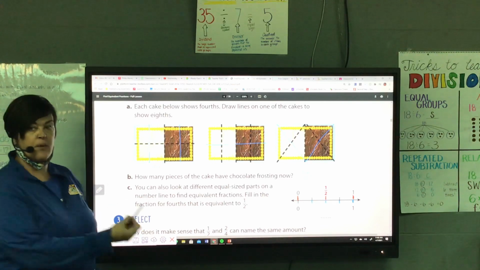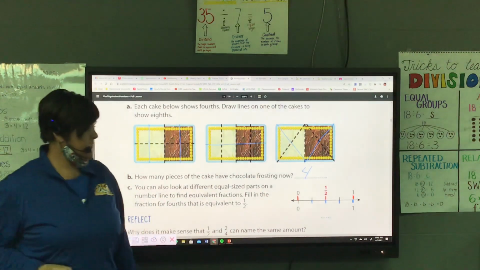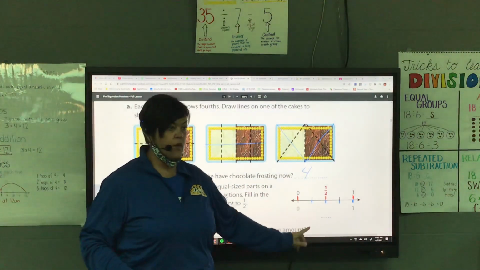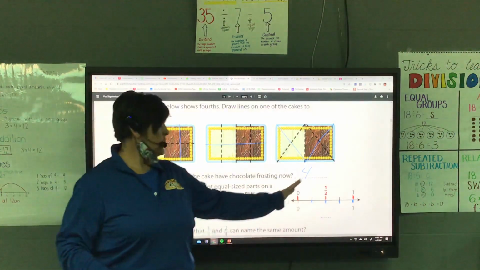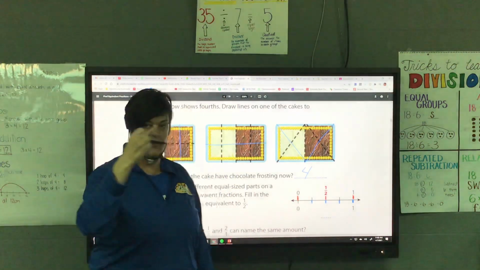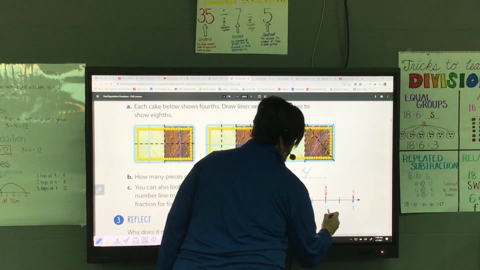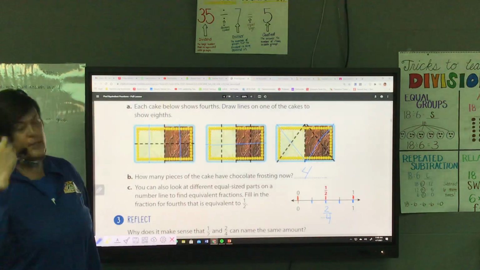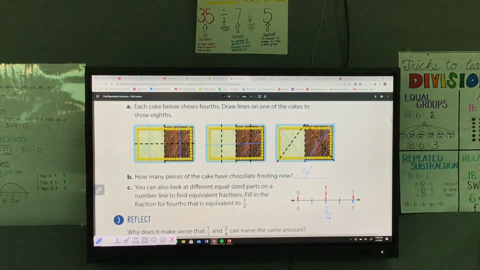So what's the fraction for fourths that's equivalent to 1/2? If I were to label all of those marks, what would this first one be? 1/4. What's the next one? 2/4. Is that equivalent to 1/2? 2/4 is equivalent to 1/2. Equivalent means what?